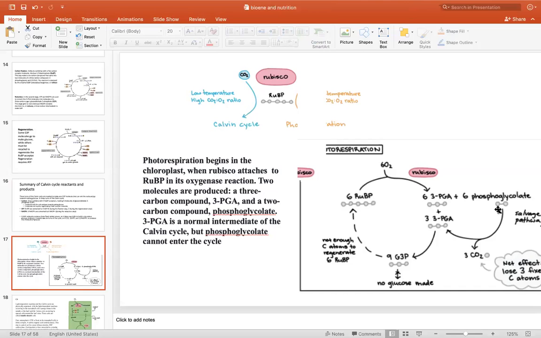When phosphoglycolate is formed, it has to be converted back into 3-phosphoglyceric acid. It has to give out carbon dioxide, and that is when 3 carbon dioxide molecules are given out. These are already fixed carbon dioxide inside the RuBP, which are given out. It's a wasteful process. The plant needs to fix this carbon dioxide again, and the whole cycle will repeat. So to prevent this loss of 3 carbon dioxide, plants have mechanisms to prevent photorespiration.